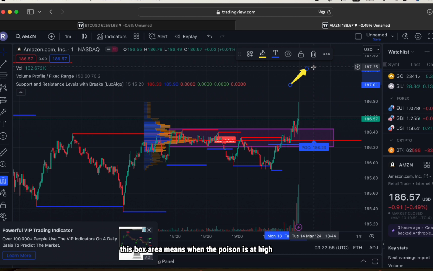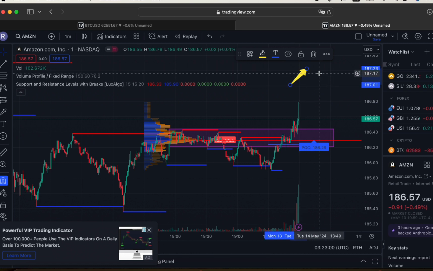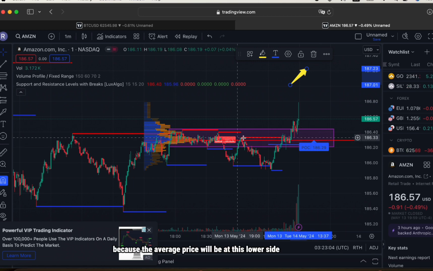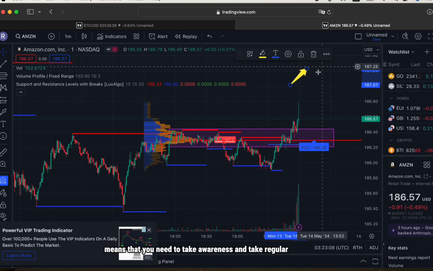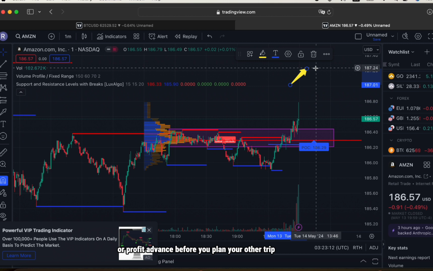When the position is high in this yellow region, most of the retailers will be in profit because their average price will be on this lower side. So you need to be aware and take regular profit in advance before you plan your other trade.